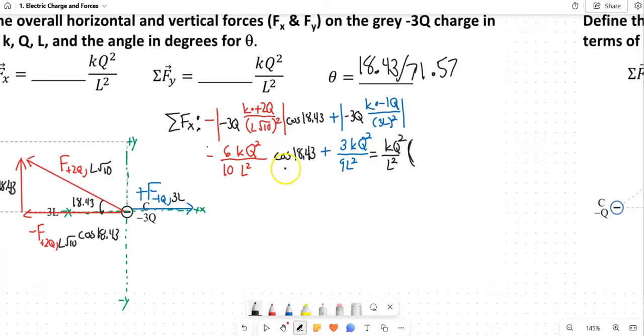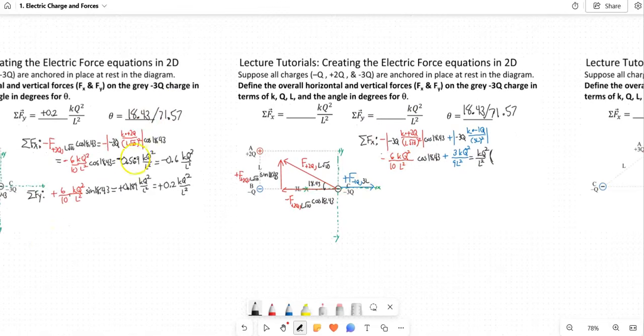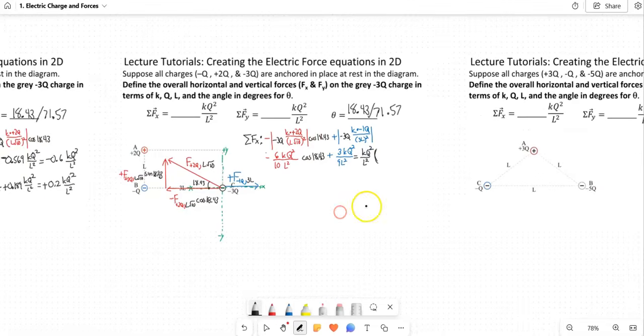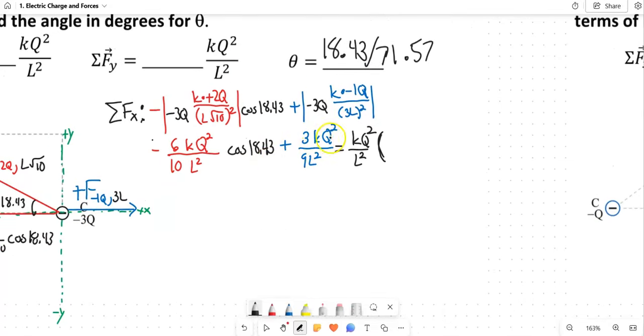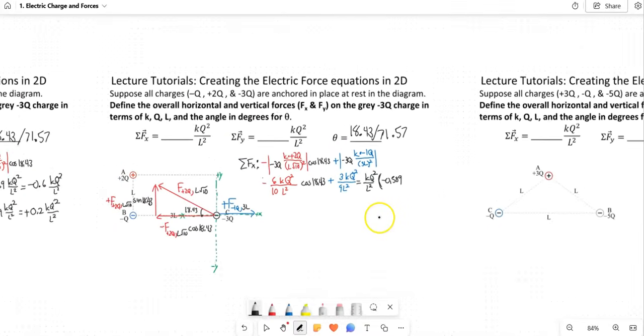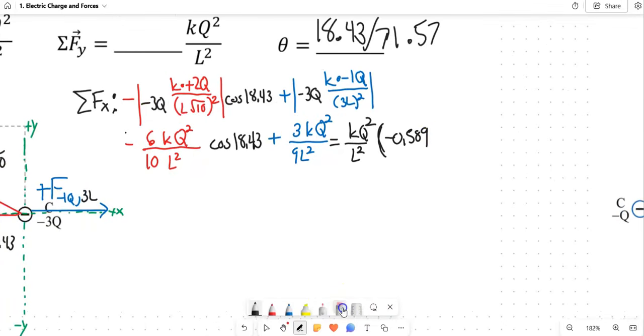And then what we're going to have is, I believe we worked this out too on the other one, the red one, to be negative 0.569. So this 6/10 times cosine of 18.43 is going to be 0.569, I think that was it.